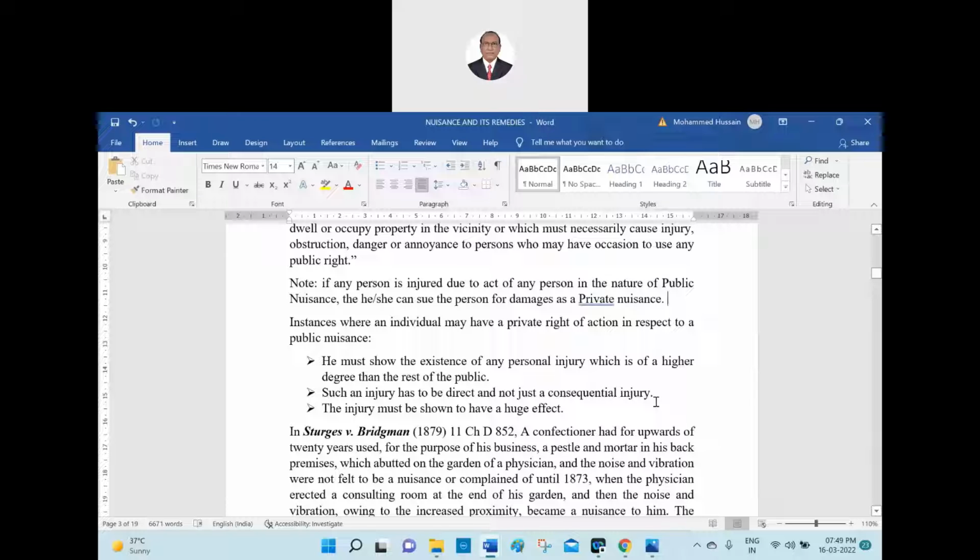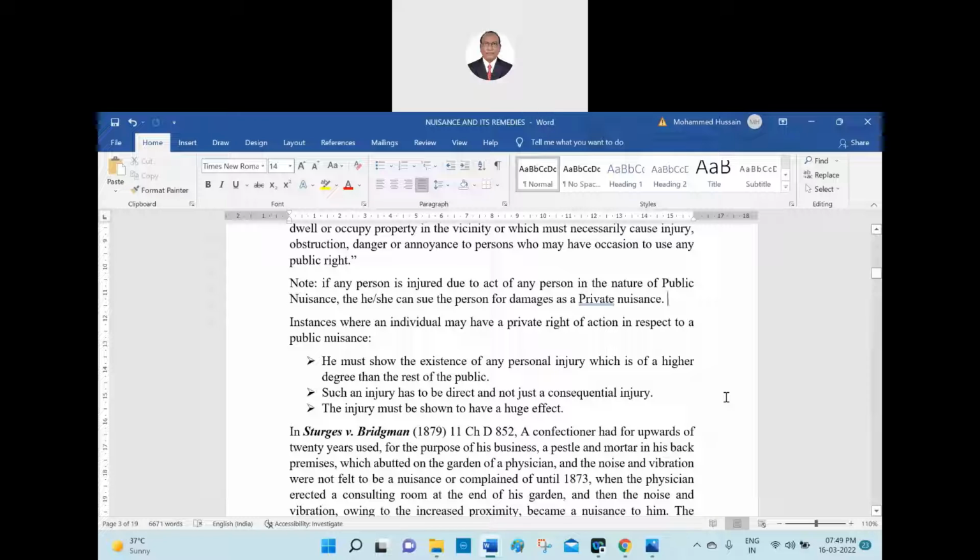That is number 1. Number 2, read. Such an injury has to be direct and not just a consequential injury. It has to be a direct injury, not a probability or consequential injury.